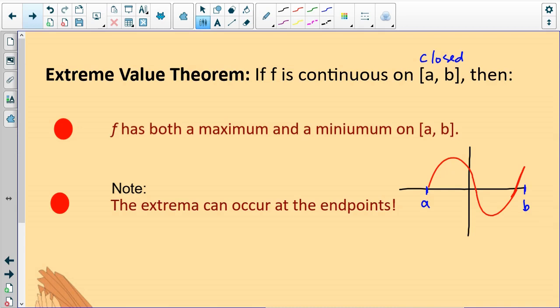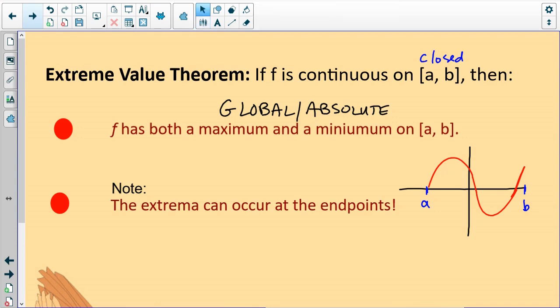What this is saying is that f has a global or absolute minimum and maximum on this interval from a to b. So basically there is a highest point and there is a lowest point on this function as long as this is continuous.